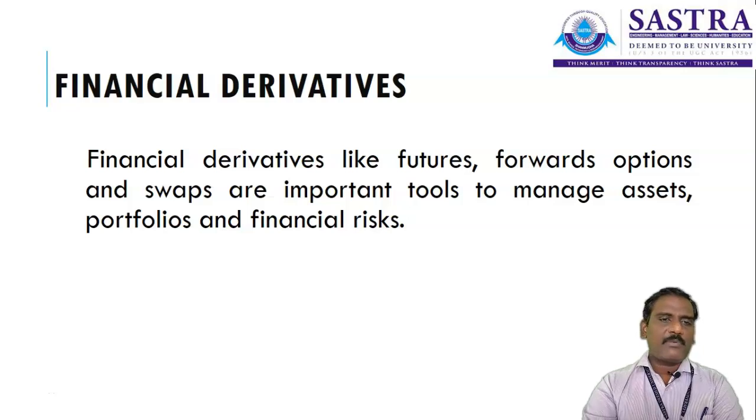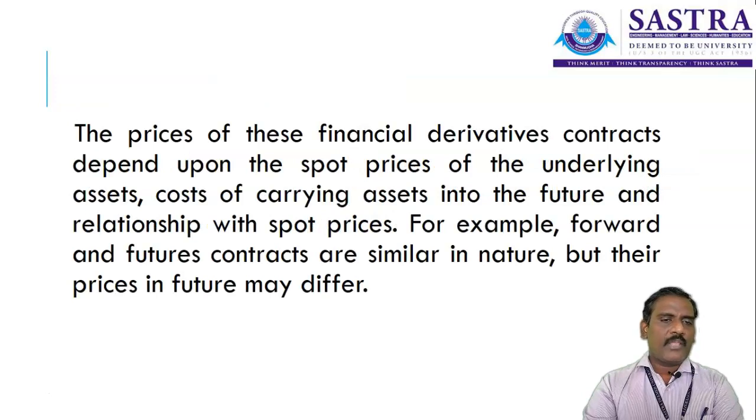For that purpose, financial derivatives use these tools. The prices of these financial derivative contracts purely depend on the spot prices of the underlying asset. The spot price means the cash market segment, or the prevailing market price of the securities available in the market. On that basis we are calculating.